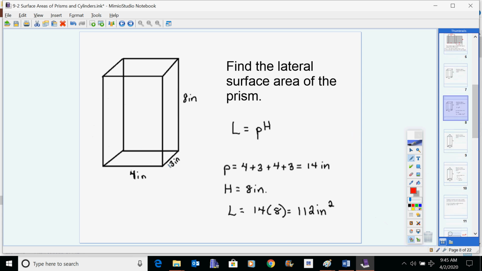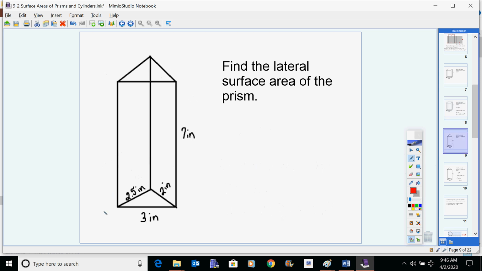Now it's easy to think about in terms of a box, or a rectangular prism, we call it, because the top and bottom are rectangles. It is the same idea whether you have a triangle or a pentagon or a hexagon or whatever you have at the top or the bottom. You just need to get the perimeter of that base and multiply it times how tall it is.